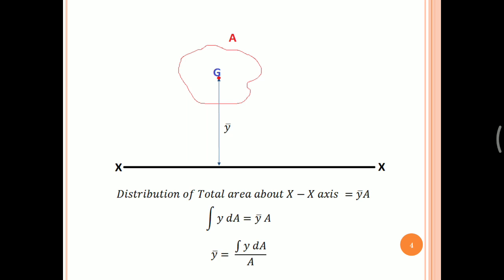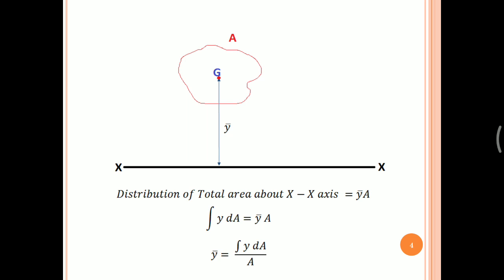Now there is a point G represented here. G represents the geometrical center of this area. This geometric center is also known as the centroid. So G is at a distance of y bar from the x axis.